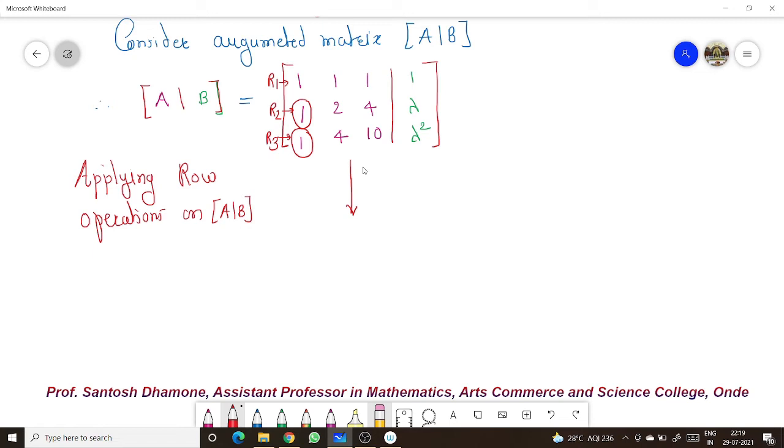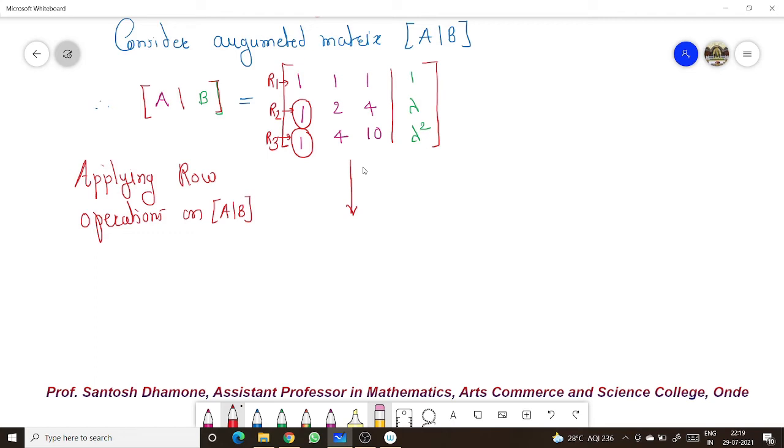In this case, if you take lambda minus 1 into lambda minus 2 equal to 0, the rank of the augmented matrix is also 2, but the number of unknowns is 3, therefore the rank is less than the number of unknowns. Therefore for this problem there is no unique solution.